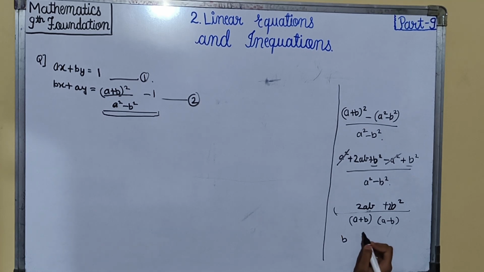We'll take 2b common, so we get 2b (a plus b) upon (a plus b)(a minus b). This will get cancelled.